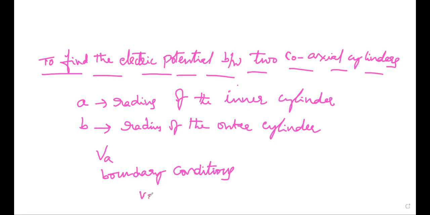That is, V is equal to VA at r is equal to a, and V is equal to 0 at r is equal to b.